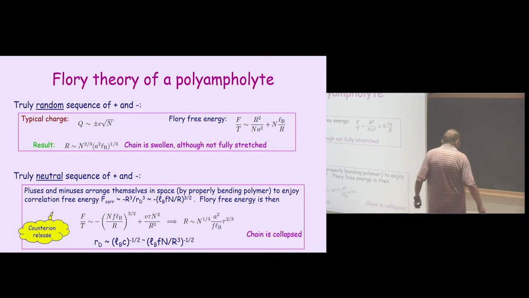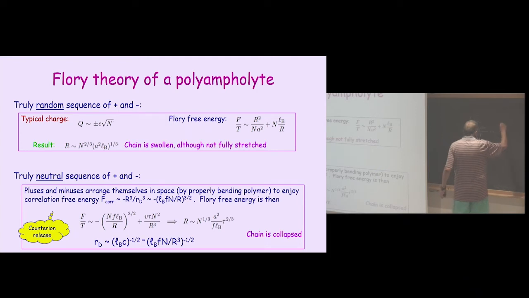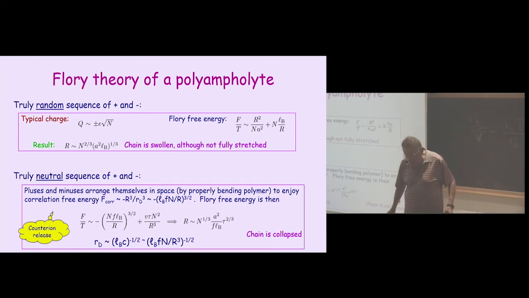Remember, I wrote that correlation energy per unit volume is kT divided by R_D cubed. It is kT per Debye blob. So this is just an algebraically different way to write it down.